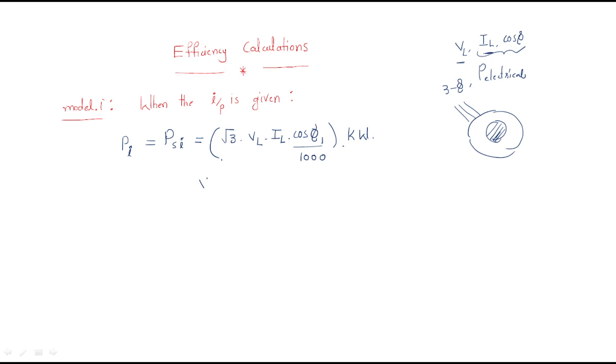Here VL is the line voltage, IL is the line current, and cos phi 1, the 1 always represents the stator, so it is the stator input power factor. These are the things we have to consider.